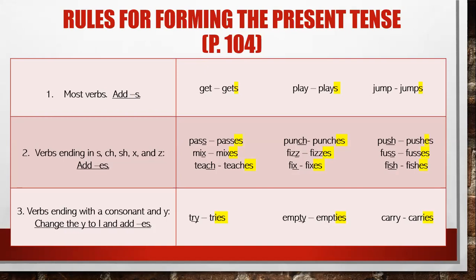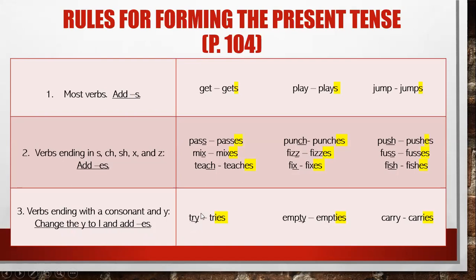And if you need to copy the alphabet and separate the vowels A, E, I, O, and U from the alphabet so that you have a list of the consonants, go ahead and do it. It's no problem, okay? But I need you to understand that there's a difference between vowels and consonants, okay? So it says here that for verbs ending with a consonant and Y, you're going to change the Y to I and add ES. So let's look at the first one.